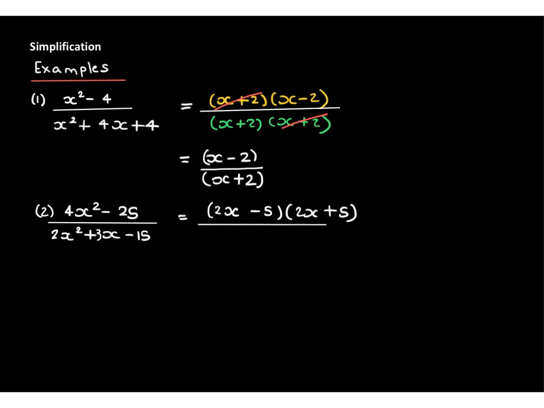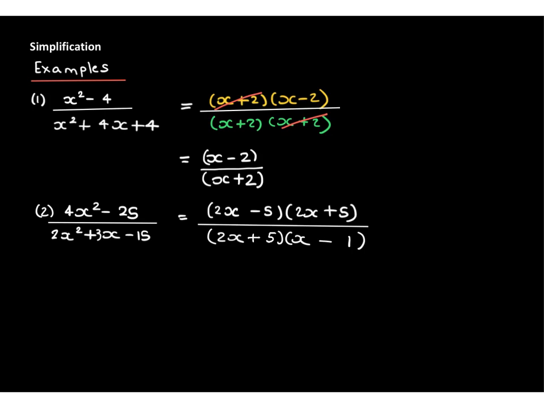And then our denominator can also be factorised. We have 2x and x, and I think we're going to have a 5 here and a 1 here, and because we want a positive 3, we're going to have a negative 2 here and a positive 5 here.